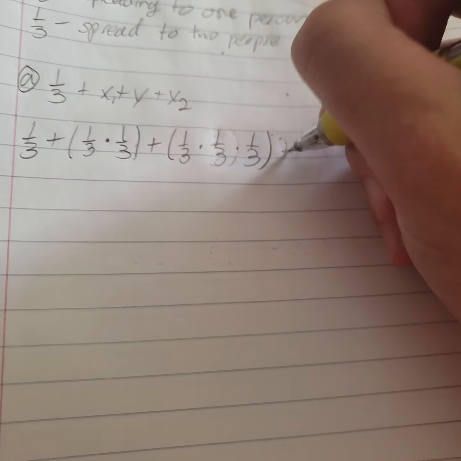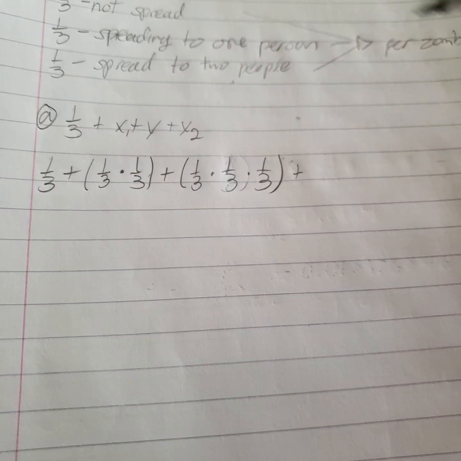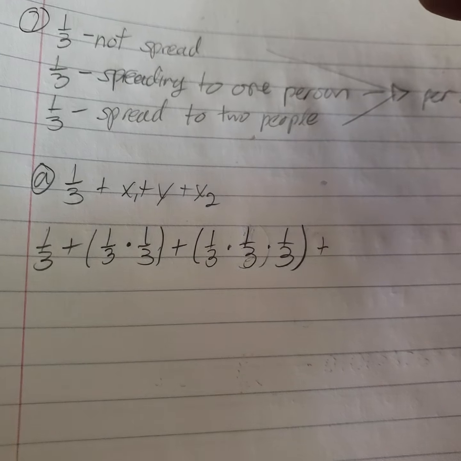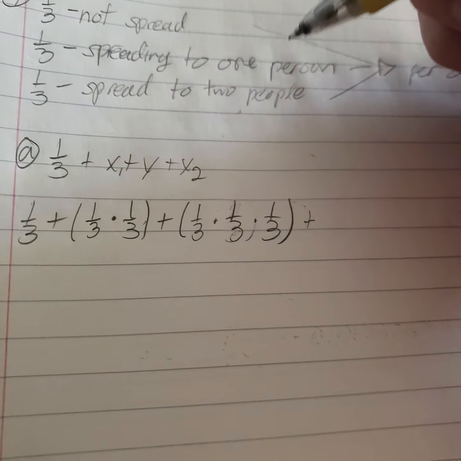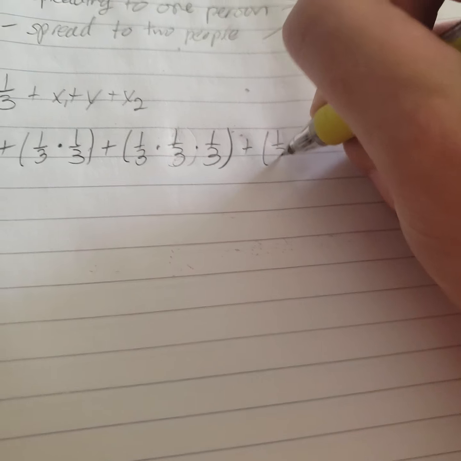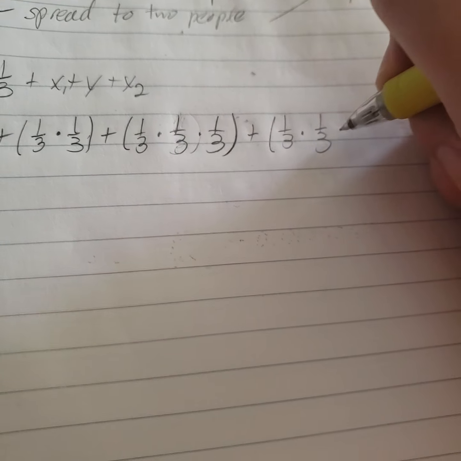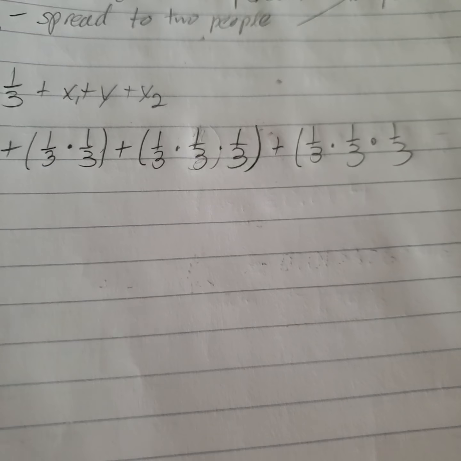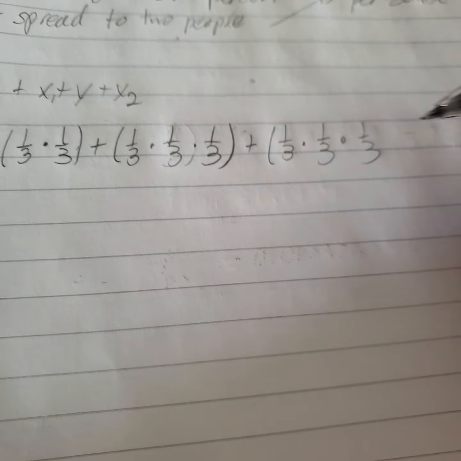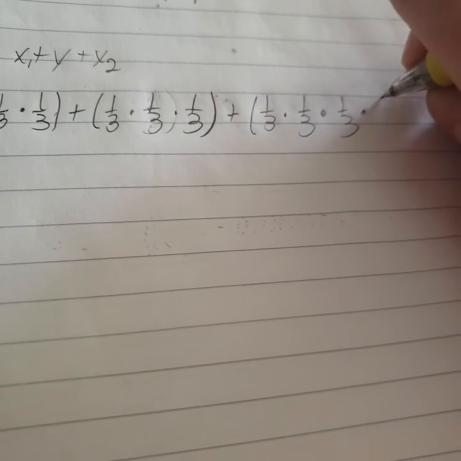And then we're going to have the last one, which is X2, which is it spreading to one person, then that person spreads it to another, and then he doesn't spread it. So it's going to be a 1/3 times 1/3 times 1/3. So spread to one person, 1/3, spread to another person, 1/3, and then it ends. So you get another 1/3.